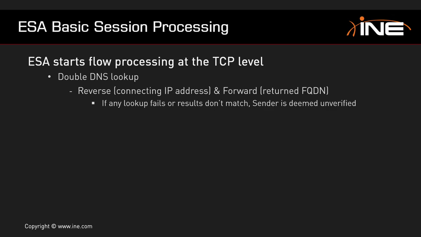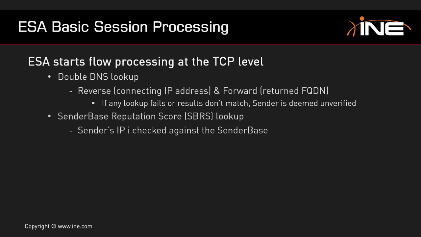Now, the second thing that is going to be performed on the backend is a check of the so-called SenderBase Reputation Score, abbreviated as SBRS, which is a similar lookup to the one performed by the WSA to figure out the reputation of a website. But in this case, we are more interested in the reputation of the source of the connecting SMTP server, or just SMTP host.